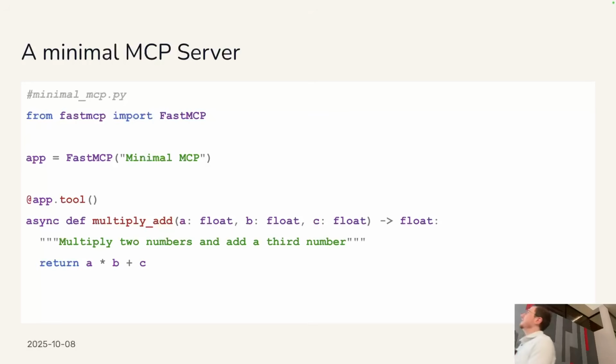Anyway, the most simple MCP server you can write is you import a library called FastMCP, which is, there's a fun story. FastMCP is a library that's inspired by FastAPI and tries to make you write MCP servers in Python very easily. The V1 of this library actually got merged into the official Python SDK from Anthropic.